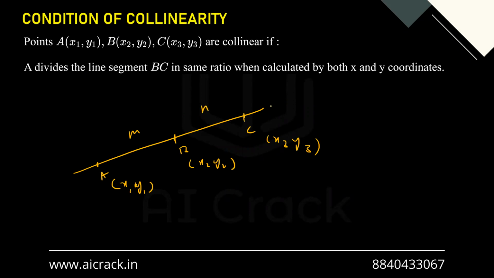So let's say this ratio is m to n. First I'll find the ratio with the help of the x coordinate, and then I'll find the ratio with the help of the y coordinate. If both the ratios are matching, that means this particular point is lying on this particular line. Basically, these 3 points are collinear, right? Otherwise, if they're not matching, that means they're not collinear. Okay.